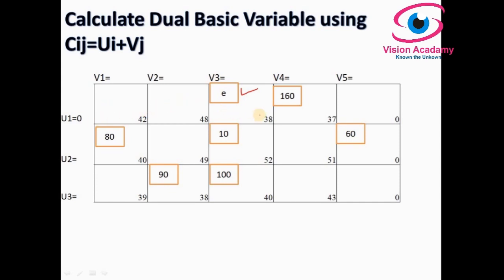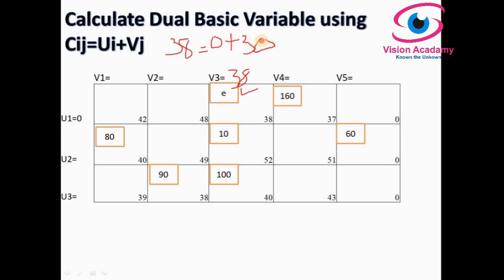And in the allocated cell, look at this, cost is 38 and this is 0. If it wants to become ui plus vj wants to become 38, means v3 must be 38. Now look into the formula. Cij is 38, ui is 0 and vj is 38.